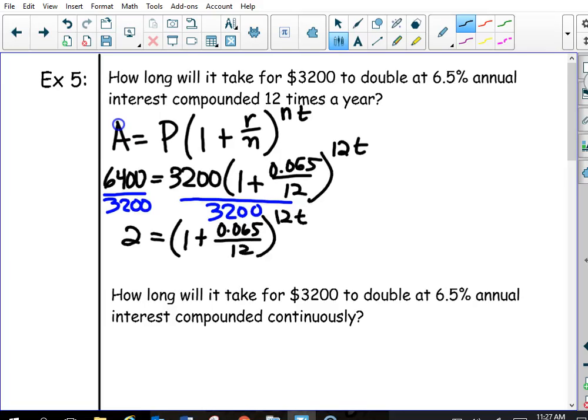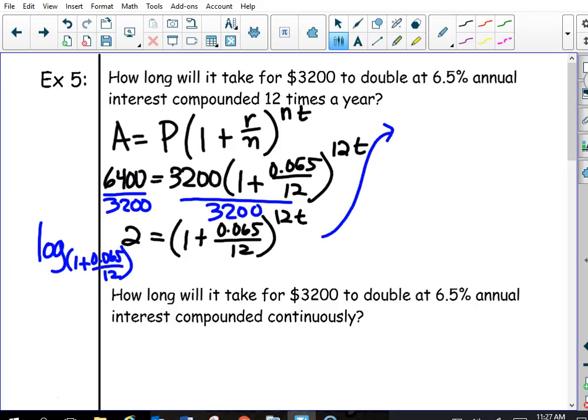Okay, I need to apply a log of this base to both sides. Now, I'm not going to write it on the right-hand side because it will just cancel and I'm left with a 12t. But I am going to write it over here. Log base (1 plus 0.065 over 12) of 2, and that's going to be equal to 12t.